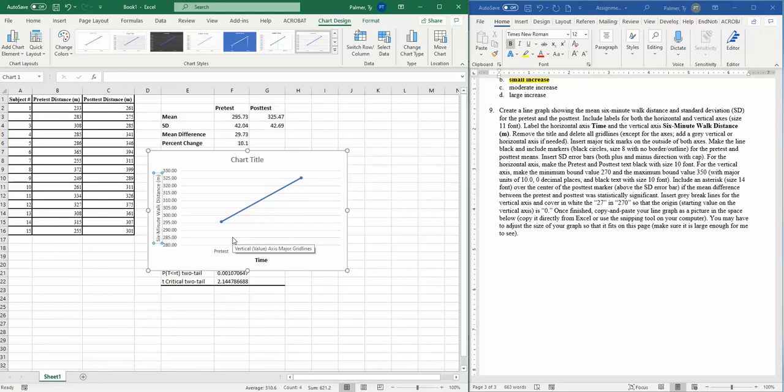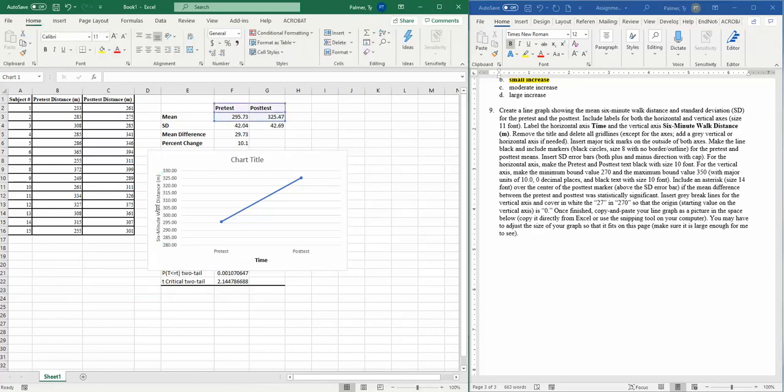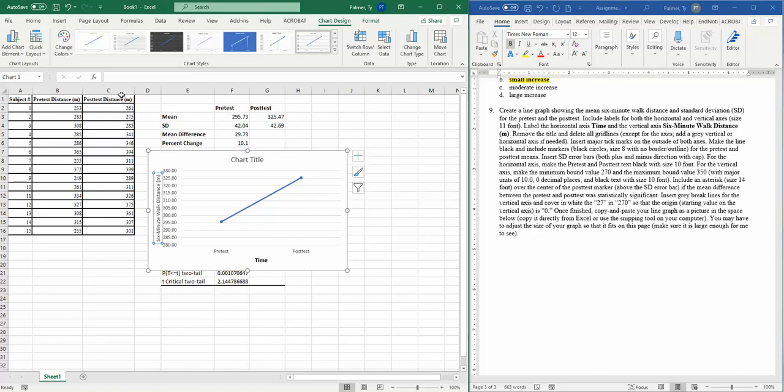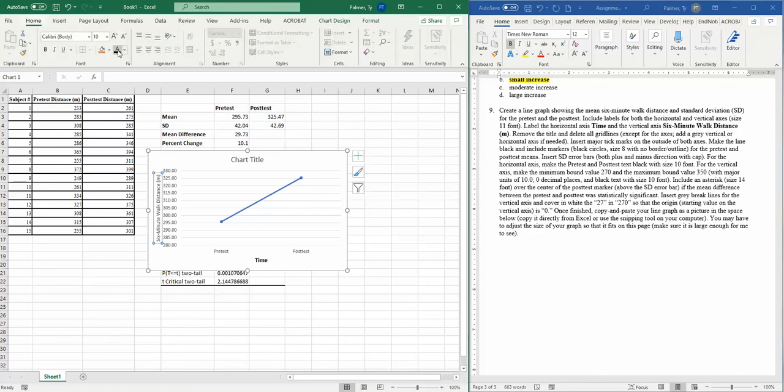And then we'll include our units here in parentheses, like it says, in meters. Similar to what we did with time, let's go up to Home. Let's change the text to black font. Let's bold it. And then let's also increase the size of this. Again, while it's highlighted, we can do all these things. Increase the size to 11 font. Makes it a little bit bigger, again, a little bit easier to see.